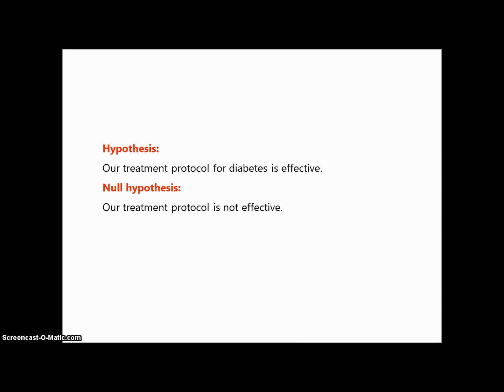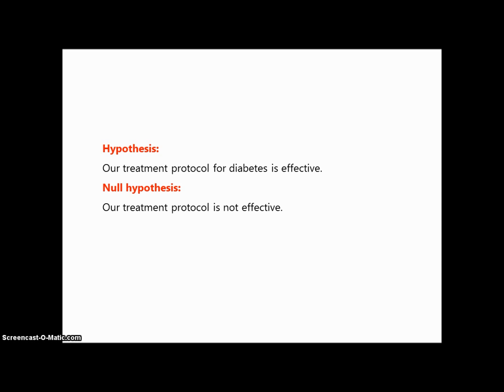This chance of our results falsely supporting our hypothesis, that's a false positive, and that's a type 1 error. This is also known as falsely rejecting our null hypothesis.